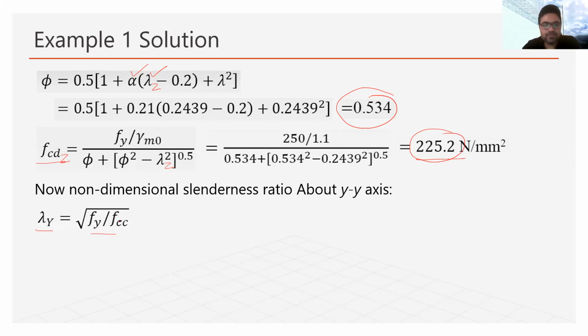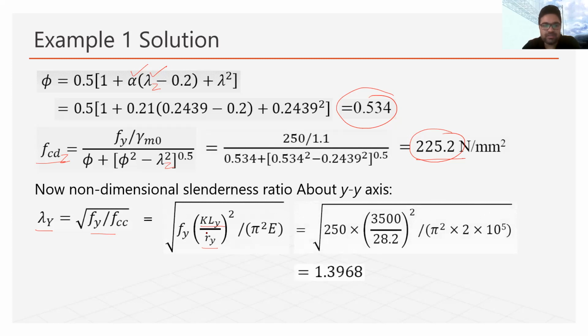Further, the same formula we will use, only the change is that this time we use the effective length along the Y axis, and similarly the radius of gyration along the Y axis. So putting all the values, we can find out lambda Y as 1.3968.